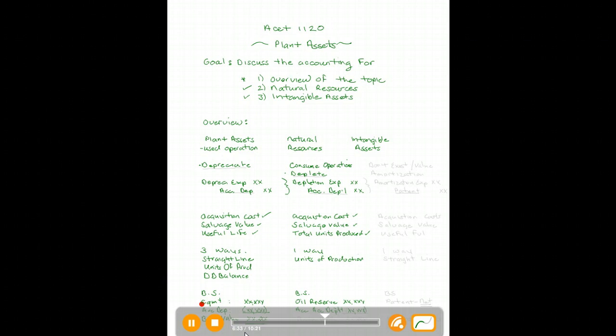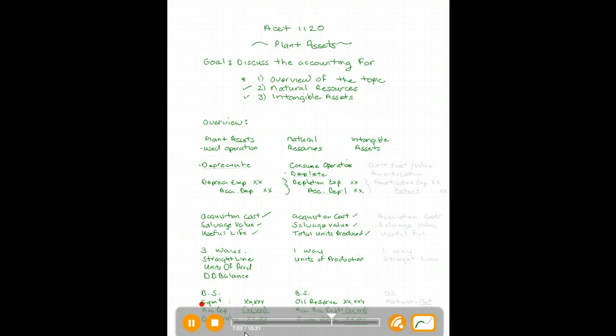And it would also be shown at book value, another way of saying that's carrying value for both of them. Sometimes you'll hear that term used. Been accounting long enough to know there's more than one way to do things now. So natural resources are very much like plant assets. The biggest difference is we don't use them, we consume them, and we use units of production to deplete them.